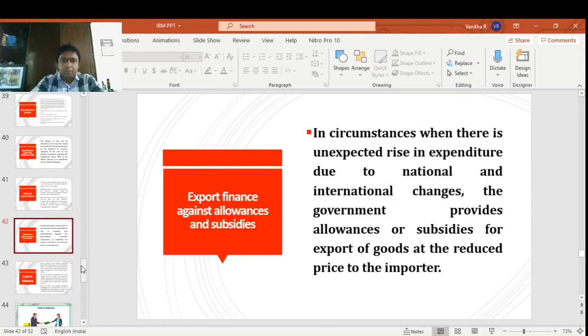Let's move to the export finance against allowances and subsidies. In certain situations, if there is an unexpected rise in expenditure due to national and international changes, the governments provide allowances or subsidies for export of goods at a reduced price to the importer.